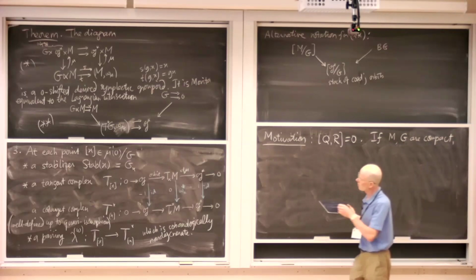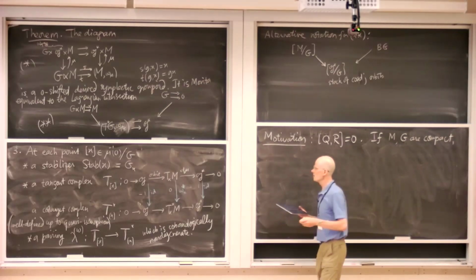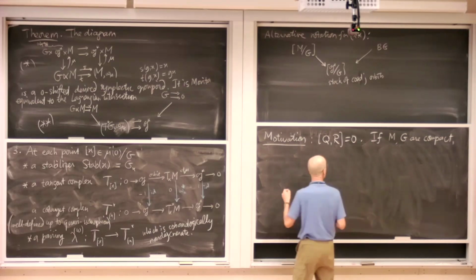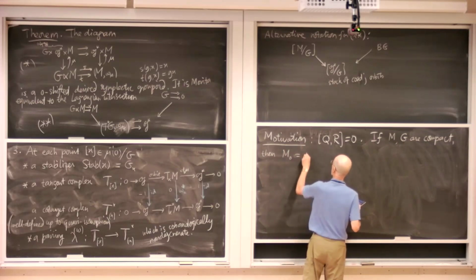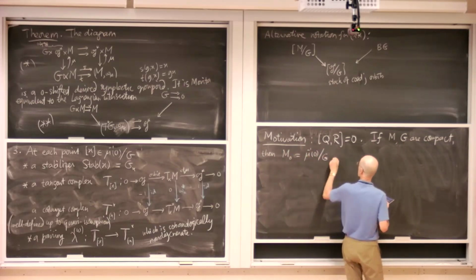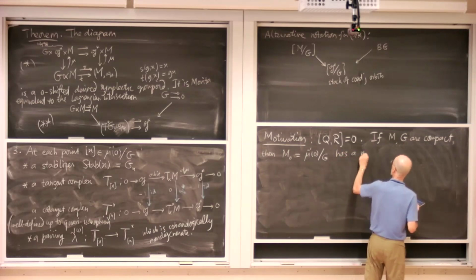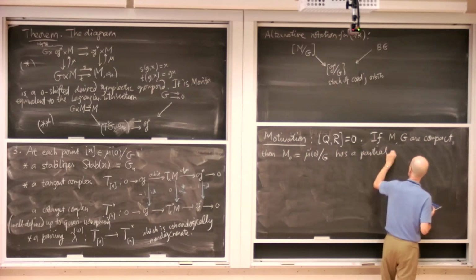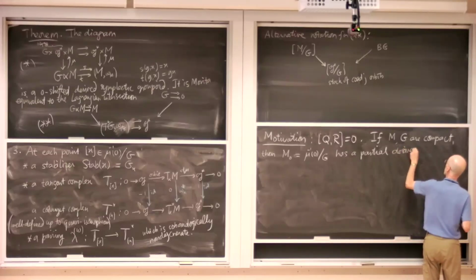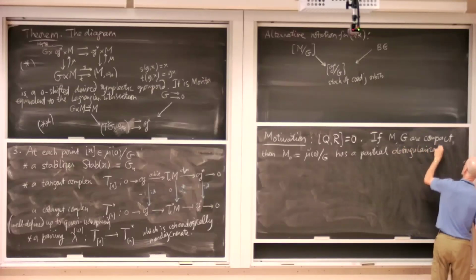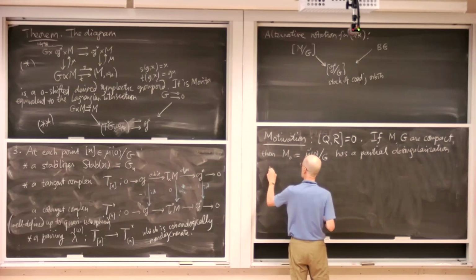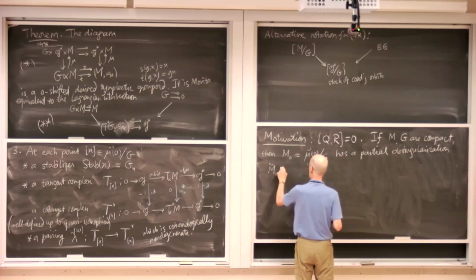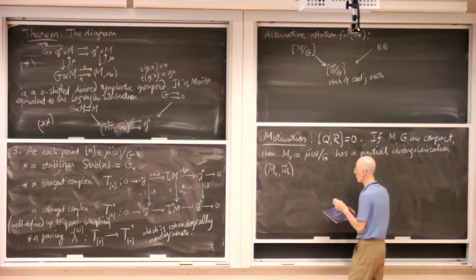then this coarse quotient, you can more or less desingularize it. There's partial desingularization, which is a symplectic orbifold.